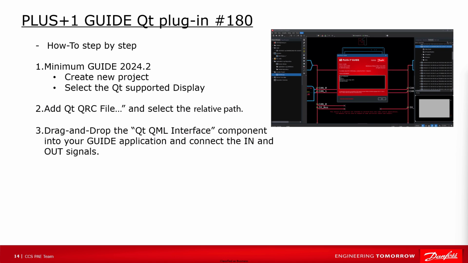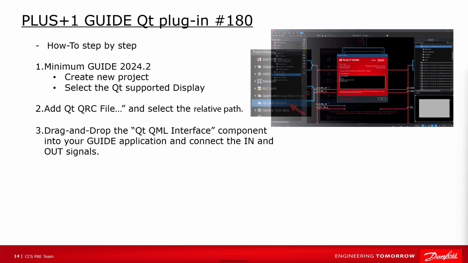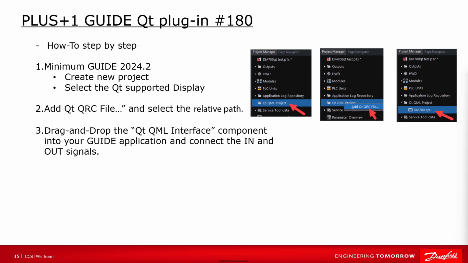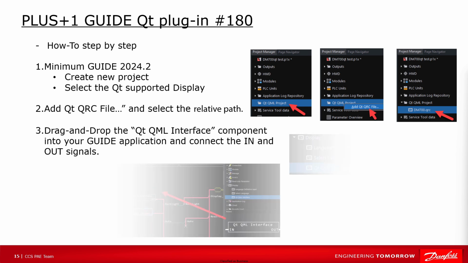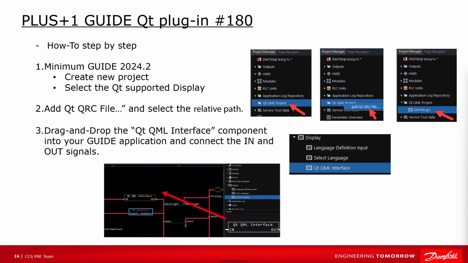Open Guide 2024.2 or later, create new project and select the Qt supported display. Add the Qt QRC file and select the relative path. Drag and drop the Qt QML interface component into your guide application and connect the in and out signals.